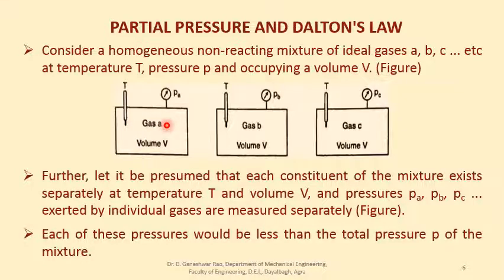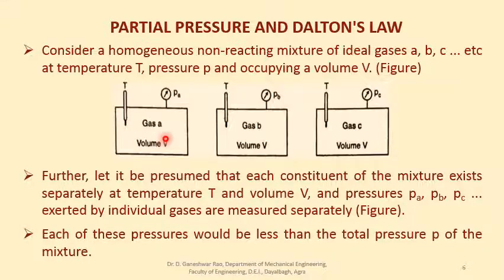So if you remove 2 gases, only one gas remains, then whatever the pressure is will correspond to this gas, right? So we can call it PA. Similarly, if you remove A and C and only gas B is there in the same volume, and the same temperature T is maintained, then you can see the pressure. So maintaining the same temperature and same volume, you can see the variation in pressure. So every time the pressure that you measure will correspond to that particular component of gas, right?